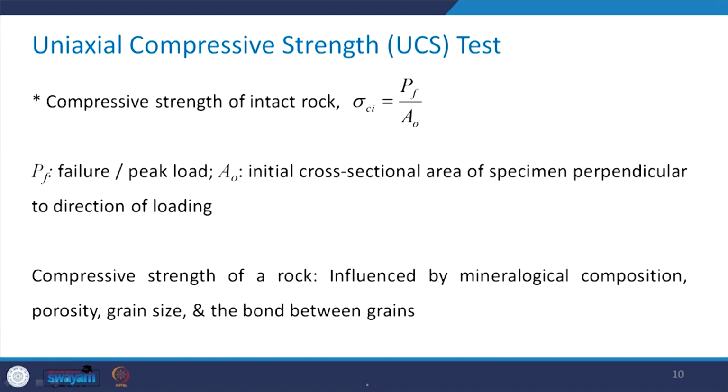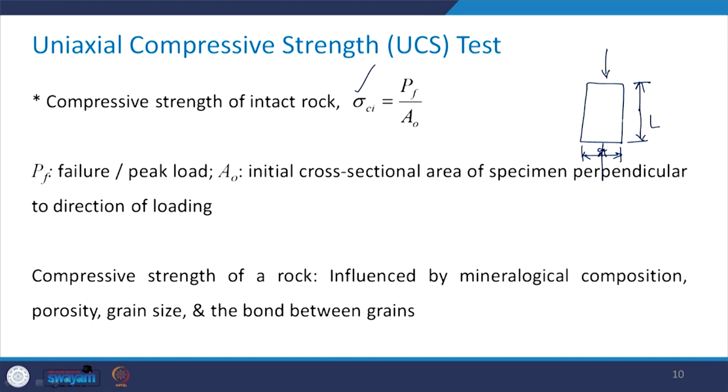The compressive strength of the intact rock, which we will represent by sigma Ci, is equal to the failure or peak load divided by the initial cross-section area of the specimen perpendicular to the direction of loading. So if this is your specimen with this dimension as L and this dimension as D, then the loading is applied in this particular manner.